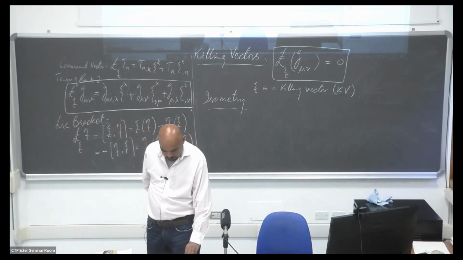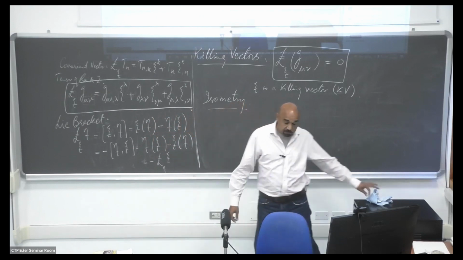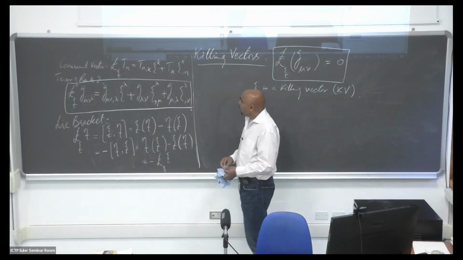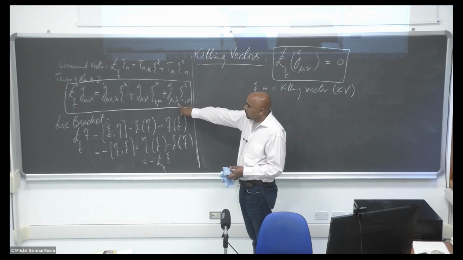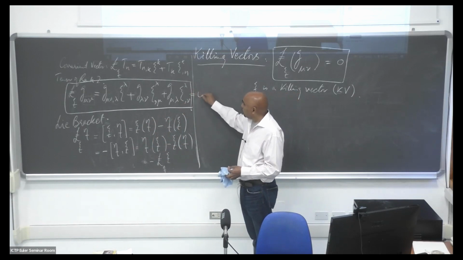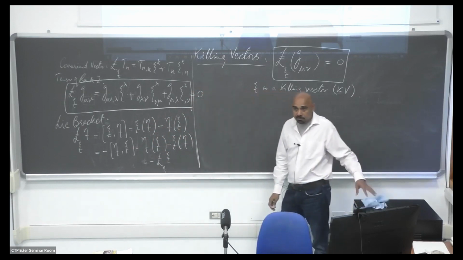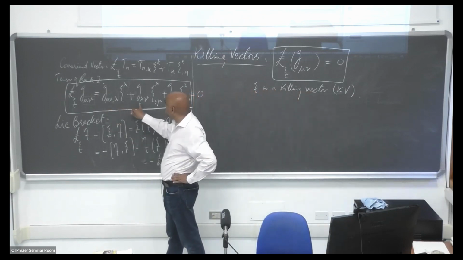Now you can see that, for example, if we have a four-dimensional space-time, this is a definition of the Lie derivative, but if we put this equal to 0, it becomes a Killing equation. This is a set of homogeneous equations, and of course these are symmetric.